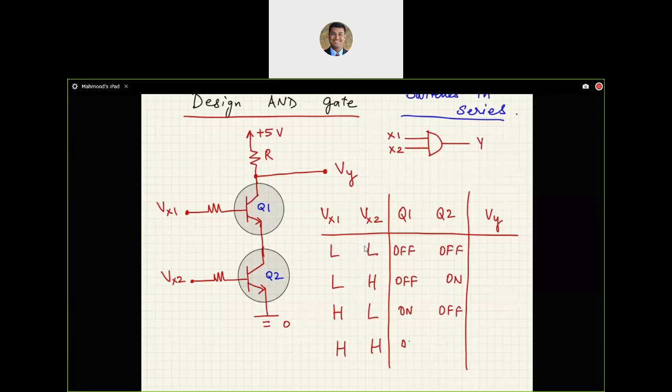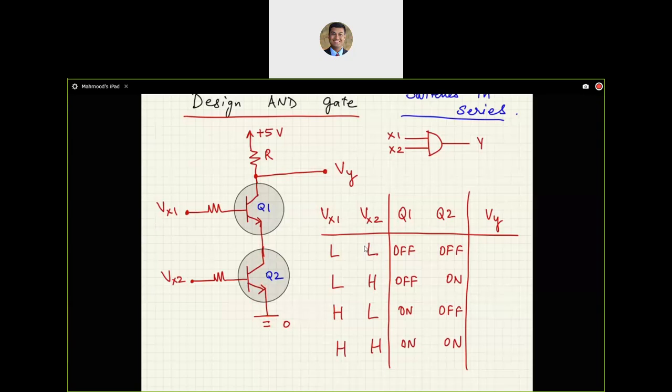Now, as you can see, Vy will be high most of the time. It will only be able to be pulled down to ground in the case when Q1 is on and Q2 is on. Only then it will be connected to ground.